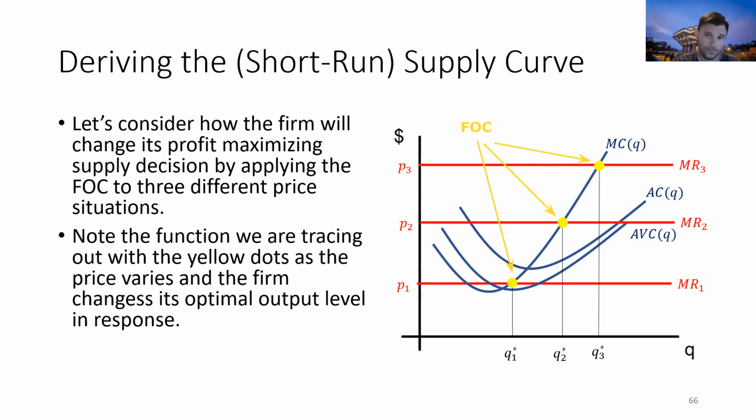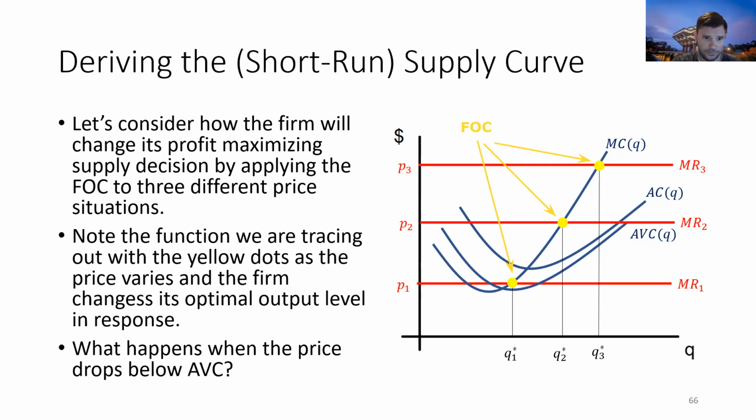However, we just argued a moment ago, if the price goes low enough below the AVC, below this shutdown point in purple, then how much should the firm produce? Exactly. It shouldn't produce anything.